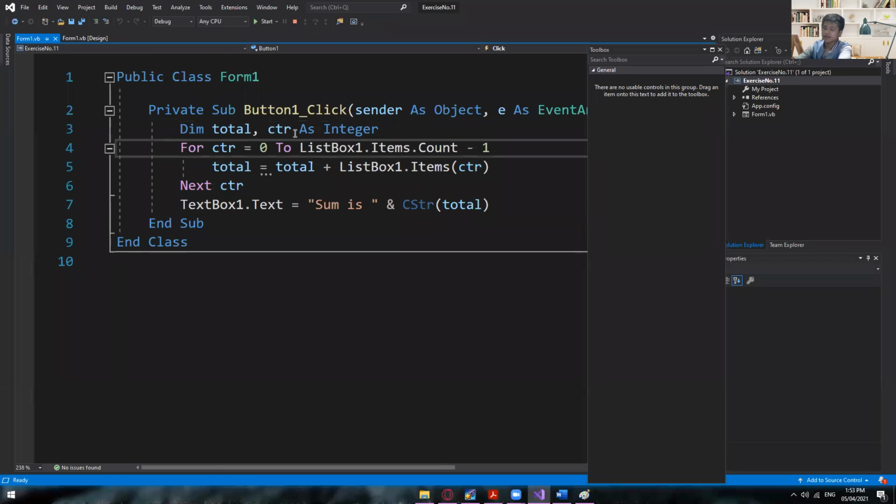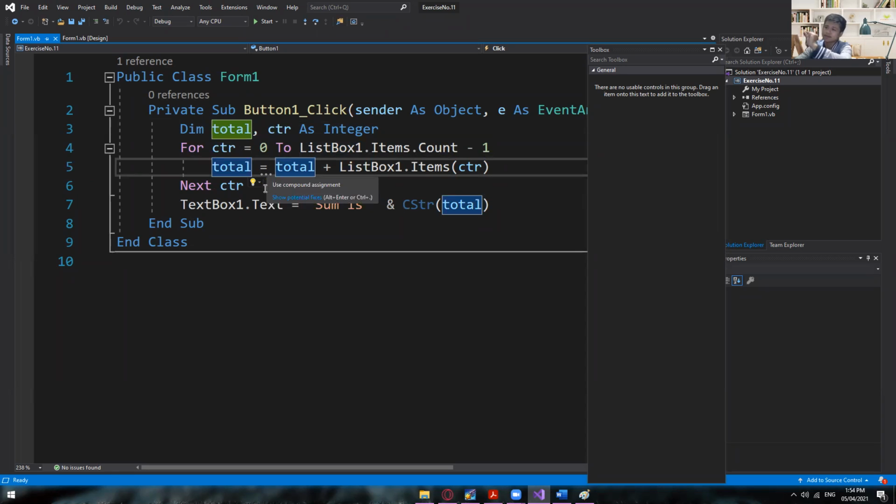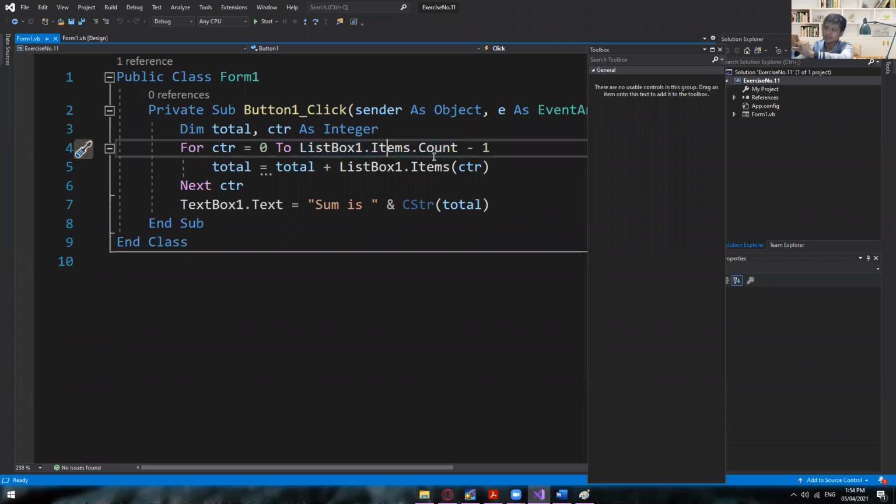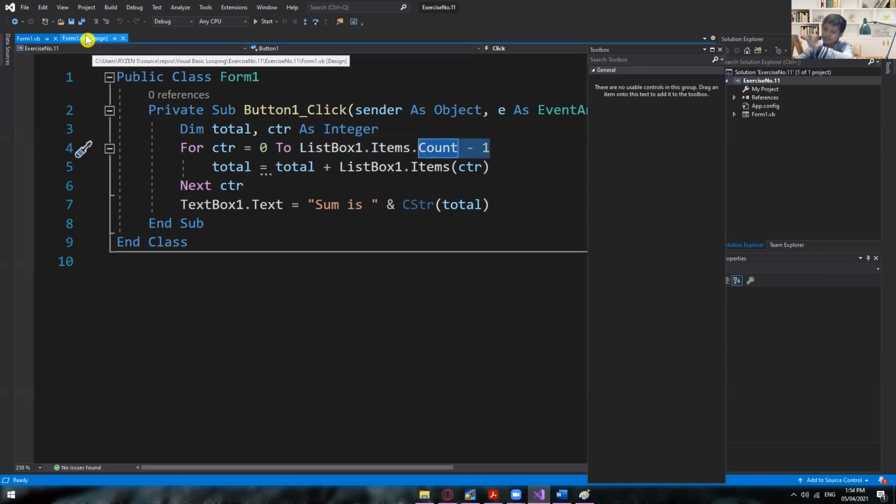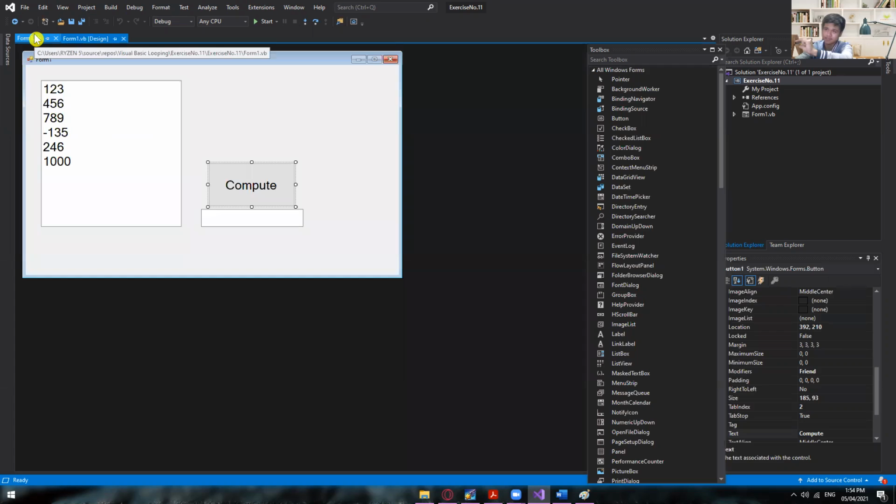I have declared two variables as integer, and then we have this counter variable wherein it will read cell by cell. It will start with cell 0 and then move to the next one. You have this function right here, ListBox1.Items.Count minus 1, which will read all of the cells of this list box.